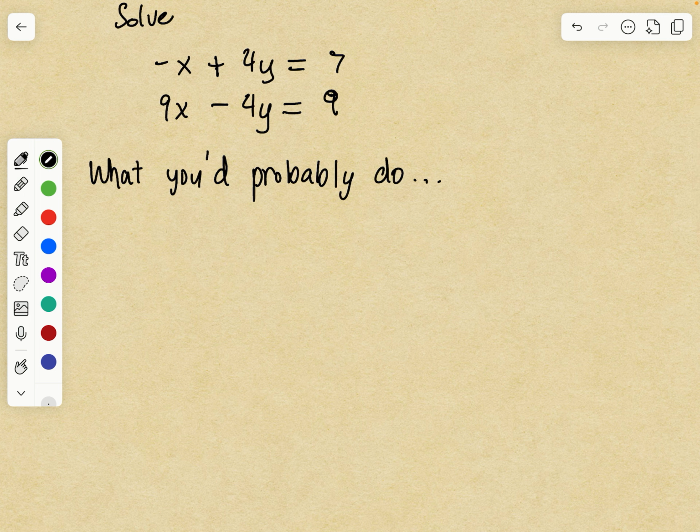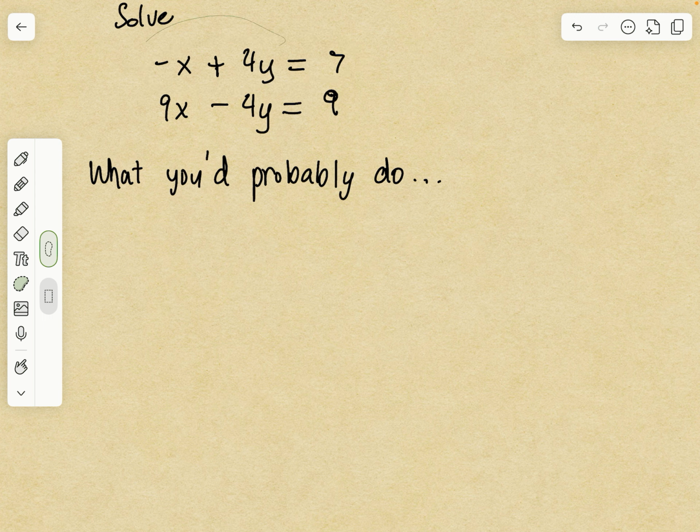You can add the 4y and the negative 4y. If you add these two equations, the y's will cancel, right? Remember, x and y are numbers. So the left-hand side is a number, this number is 7, this number is 9. These two numbers are equal, so I can add the equations.